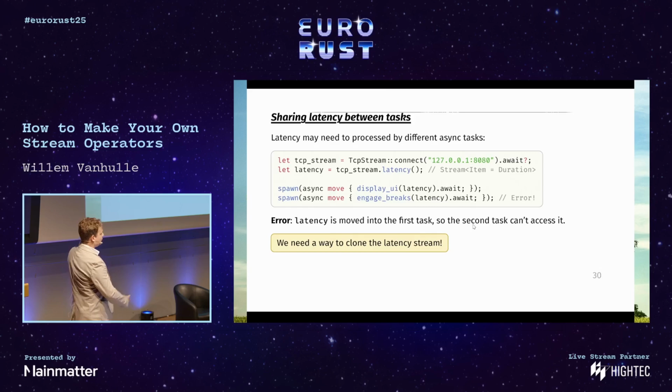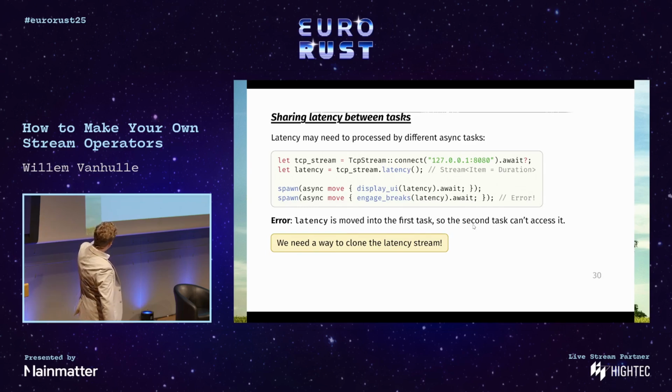So I had to split it, but for some reason there was no splitting or cloning operator in the standard crates for streams. So I tried to build one myself. I was not the first one; there were already other people who did the same thing. But it was a learning process for me as well.